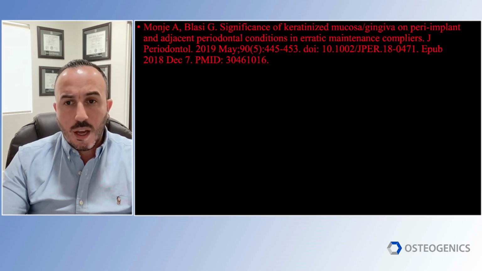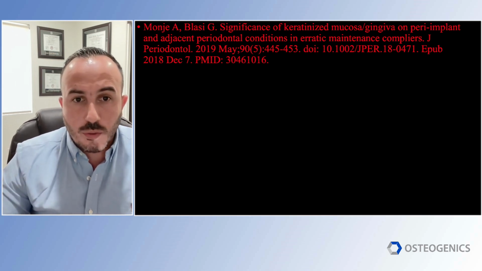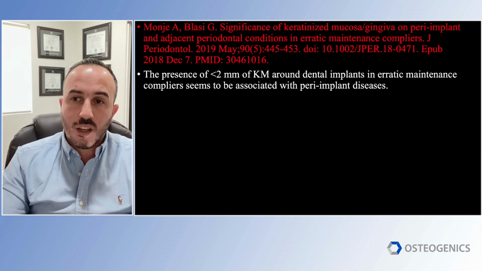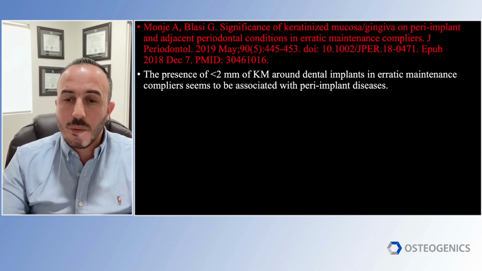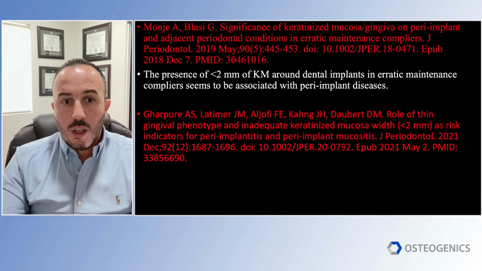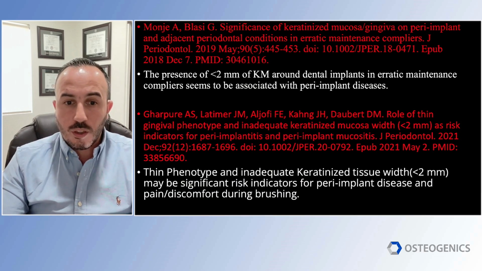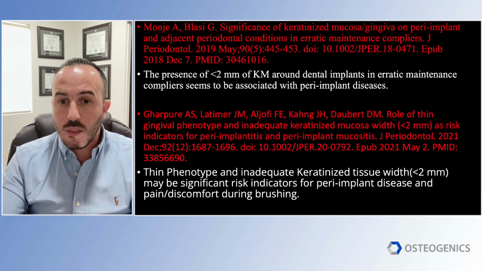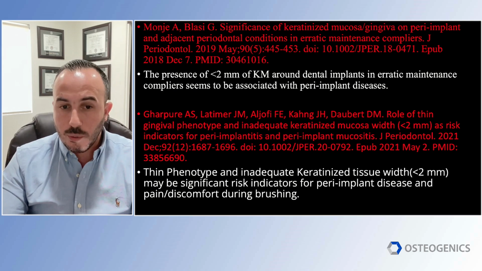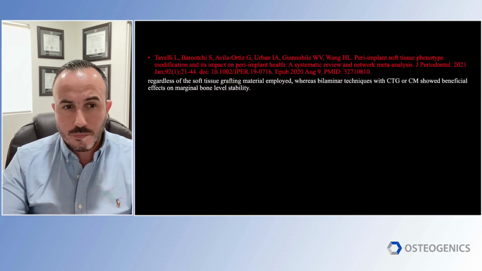Another study now looking at the soft tissue, by Alberto Monje and Gonzalo Blasi, looked at how important it is to have keratinized tissue around the implant, especially if the patients are not following the maintenance protocol very well. We see more peri-implant disease if we have less than 2 millimeters of keratinized tissue. Another group from Gargallo looked at the thin phenotype and the role of keratinized tissue around the implant. We see more peri-implant disease and pain and discomfort during brushing.